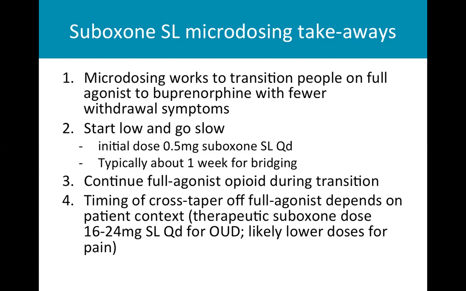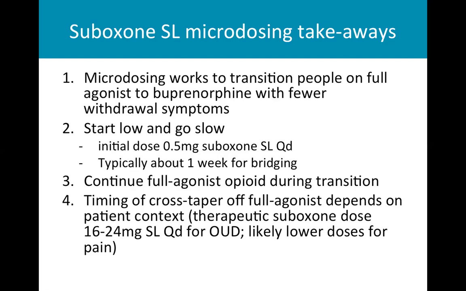So most regimens will recommend 0.5 Suboxone once a day, and start from there. Typically, the go slow part is that it'll take about a week or so of slowly building up on the Suboxone before the full agonist comes off. Number 3 is that you continue the full agonist during the transition to ensure that the patient has that same opioid load and isn't going to be put into withdrawal.